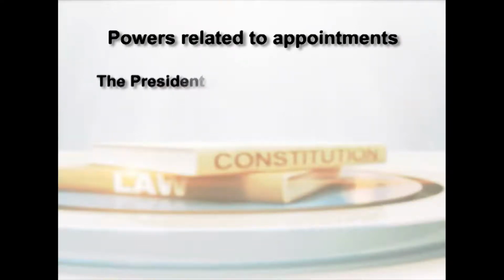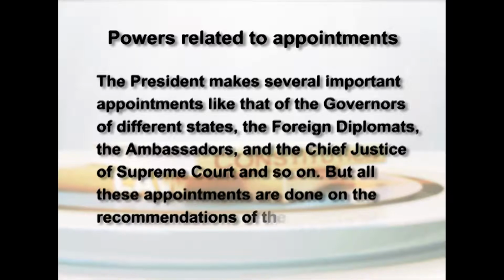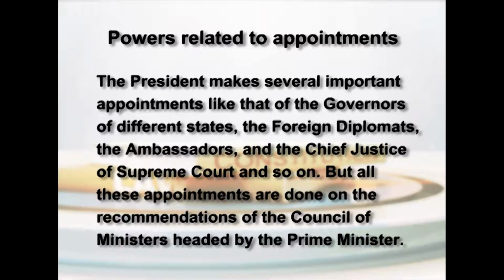Now, the President makes several important appointments, like that of the governors of different states, foreign diplomats, the ambassadors, the Chief Justice and other judges of the Supreme Court and the High Courts, the Attorney General of India, the Comptroller and Auditor General of India, and so on. But all these appointments made by the President are actually done on the recommendation of the Council of Ministers headed by the Prime Minister.